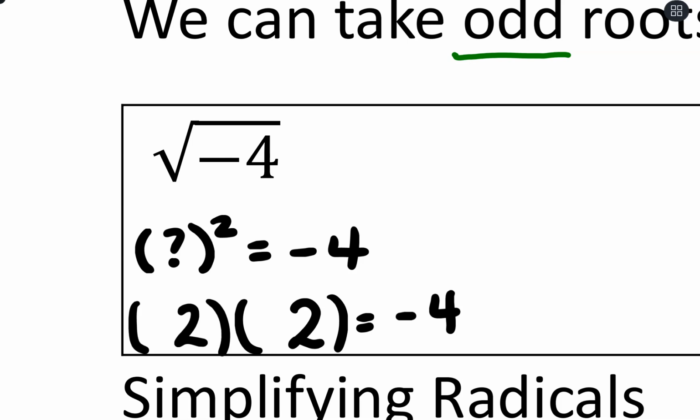So what happens is, because it's an even index and we're trying to make these pairings, it's always going to result in a positive number. Either having them all positive or all negative, it'll always give a positive result. So even if these were both -2, that would give us a +4. If they're both +2, they also give a +4. So there's no way for us to make that work.